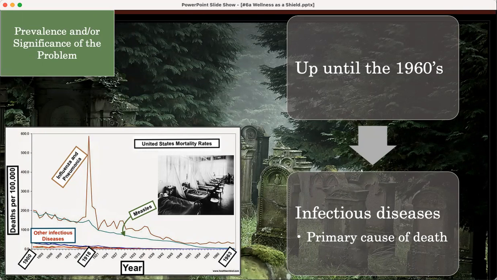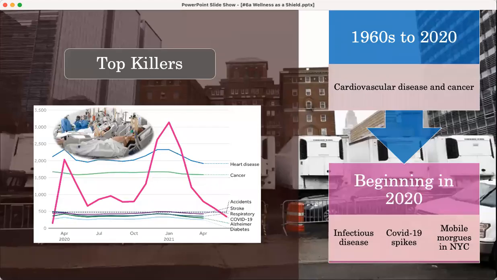Then with the advent of public health interventions and vaccines, all of this changed from the 1960s on. With the increased lifespan, people started dying of heart disease and cancer until COVID-19.